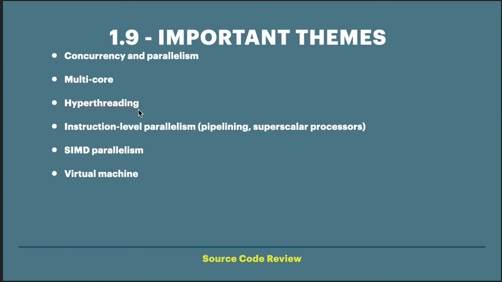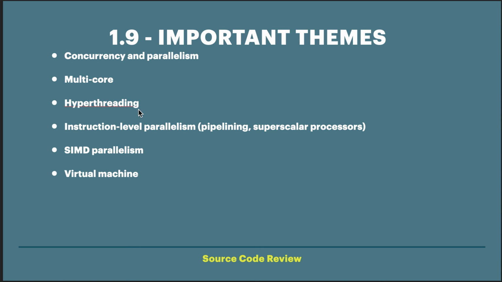How it does this is, whenever you're using a core, there are some parts of the core that tend not to be used because they just don't need to be. Hyperthreading more efficiently uses a core so that one thread can use one part of the core while another thread uses the other part of the core.